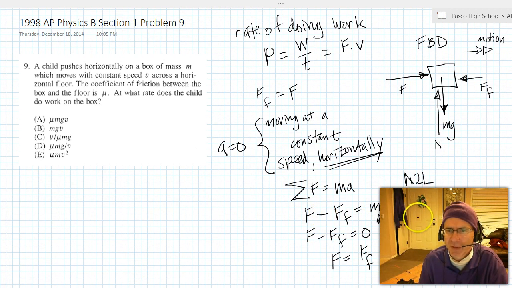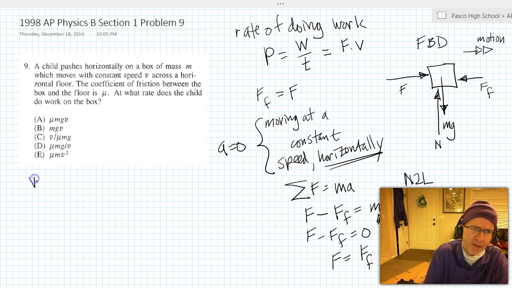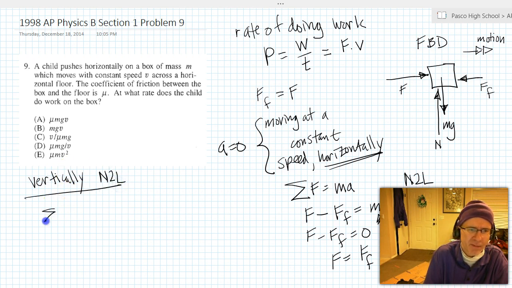Now, we know that the velocity is a constant. We know that force of friction equals mu times the normal force. We know that vertically, if I do Newton's second law, N2L, I get the sum of the forces equals mass times acceleration.